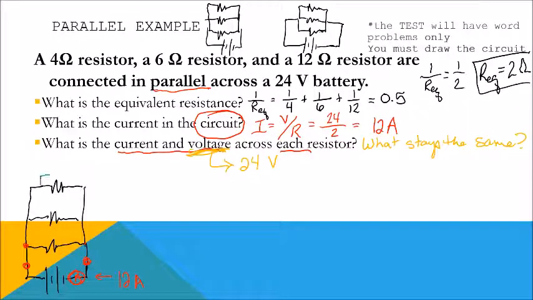So if we measured across each branch, and voltage is measured around something, so to measure current, we stick the ammeter directly into the circuit. To measure voltage, we stick it around whatever we're trying to measure. In this case, we're just measuring each branch.